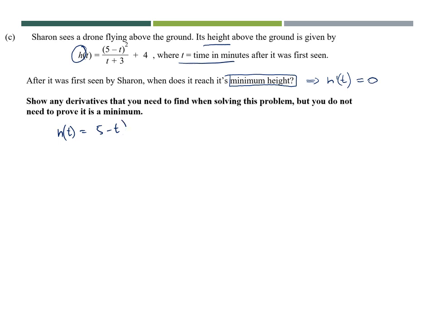Now this is a function divided by a function, so that is going to be the quotient rule when I differentiate. The quotient rule says I write down the bottom one times the derivative of the top one. That is going to be 2 lots of (5 minus t) to the power of 1 times negative 1.